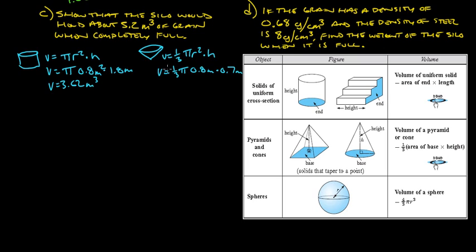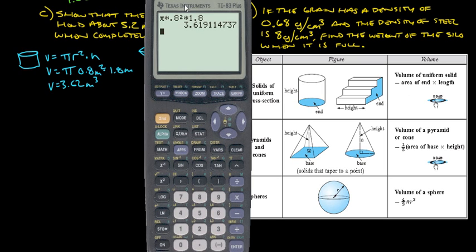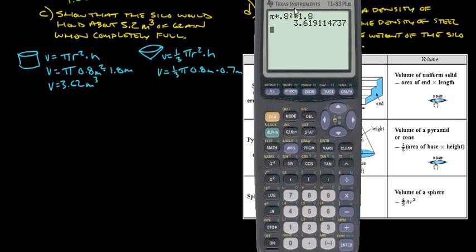Remember that's actually what question A was asking us to do, is show that the height was 70 centimeters, which is 0.7 meters.